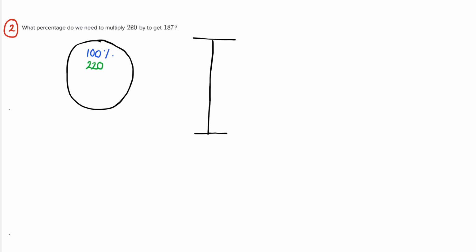I know that my 100 is 220. So I'm going to do it here. I have 100 and I know that that's 220. And now 187, I don't know exactly what percentage it is, but it's here. And what I want to find is what percentage this one is. Agree?